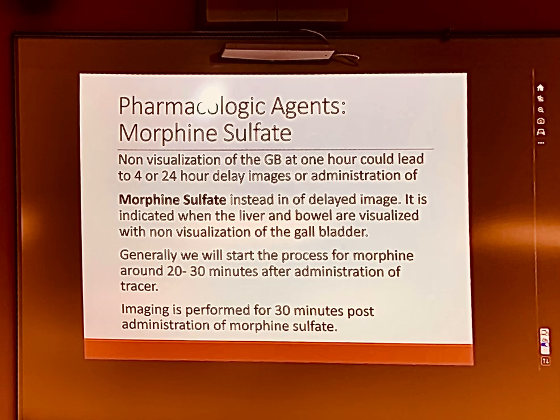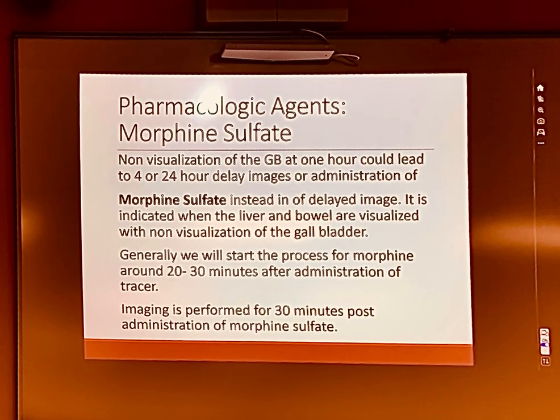Okay. If by 30 minutes or so you have no gallbladder and you have a little bit of bowel, your radiologist may say to you, we're just going to give them morphine and see what happens. That's when you give the morphine, either on a drip or as a slow push, and then wait, and then take pictures for 30 minutes.